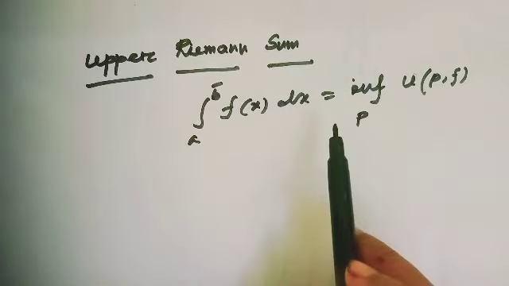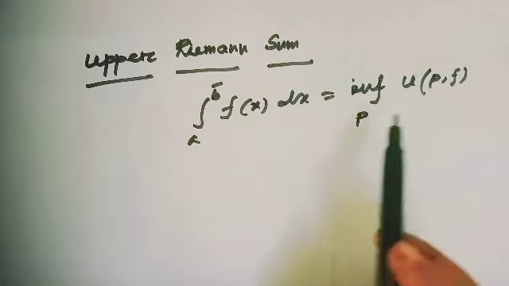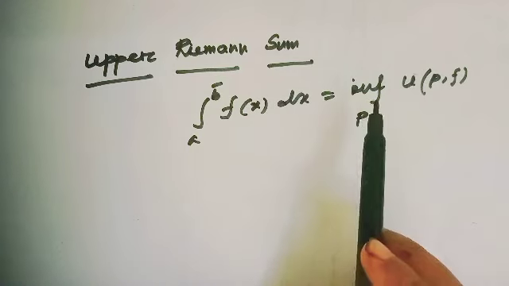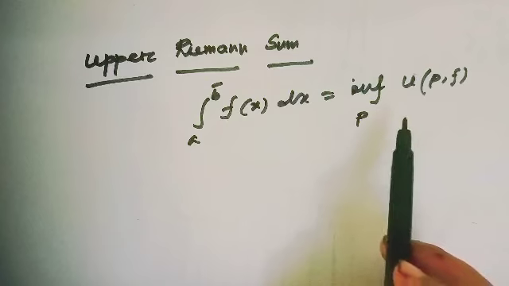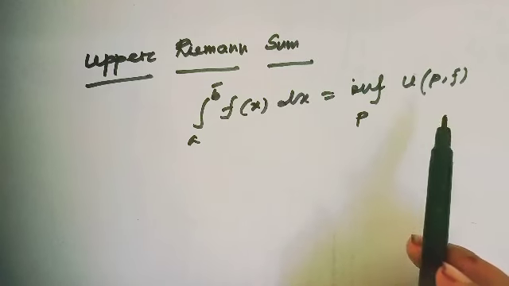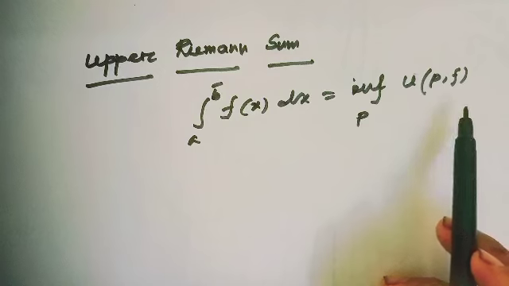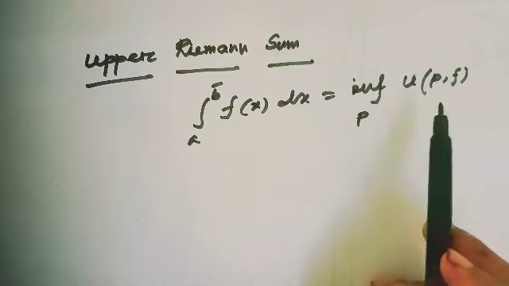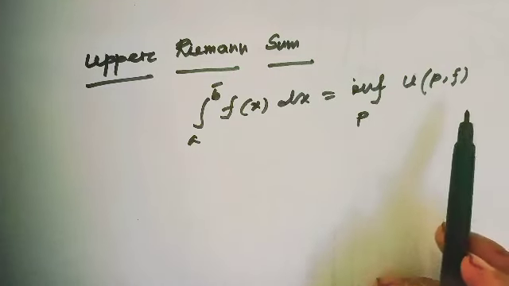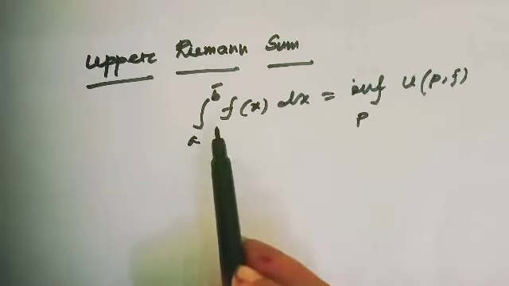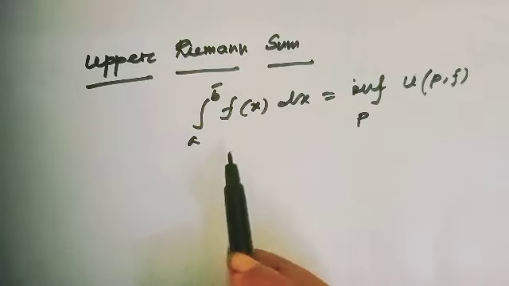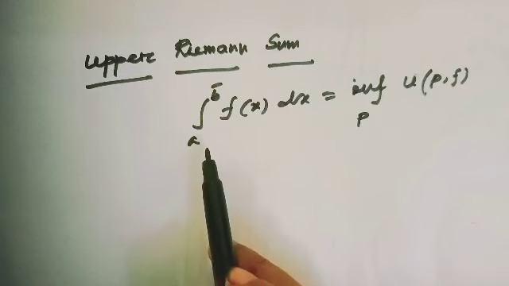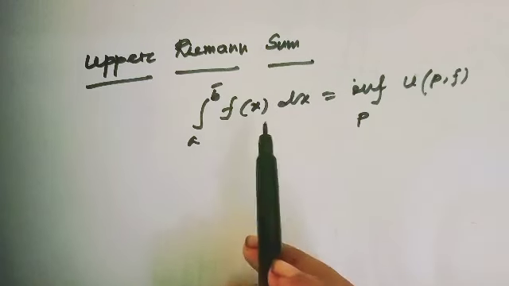Now I am going to see the new concept, the upper Riemann integral, which is equal to the infimum of the set of all UPF. Since the function is defined on the closed interval ab to R, obviously there exists an infimum of all UPF, and this infimum is called the upper Riemann integral, denoted as the integral from a to b bar of f(x) dx.